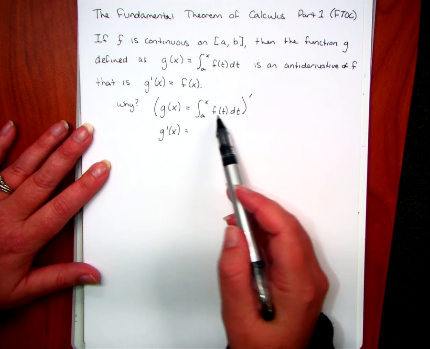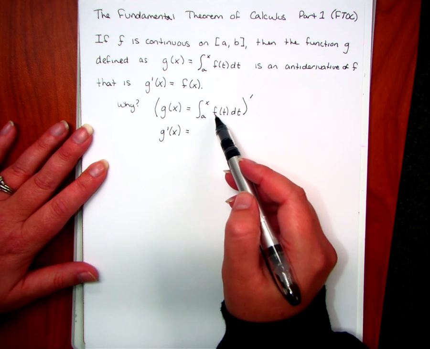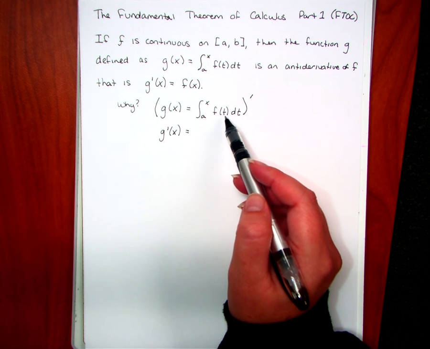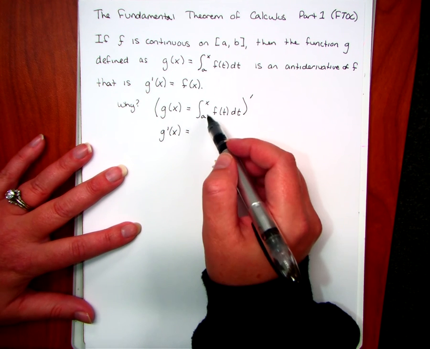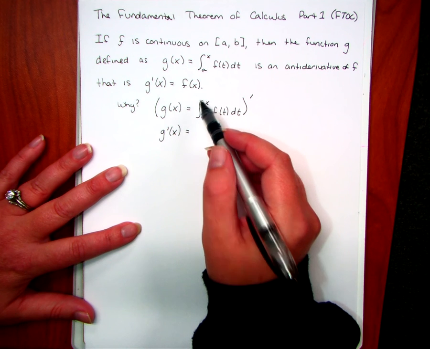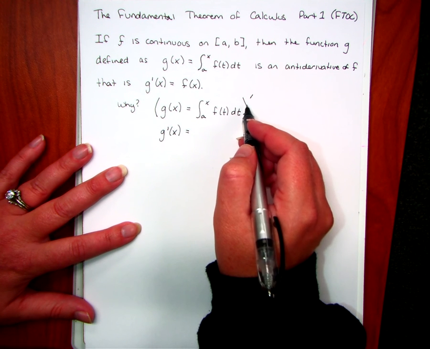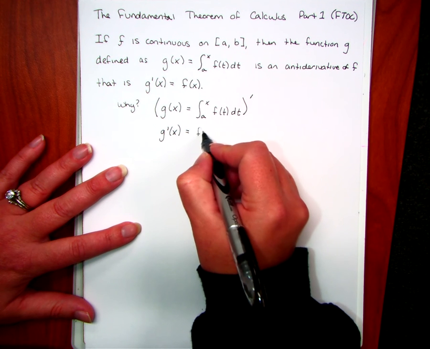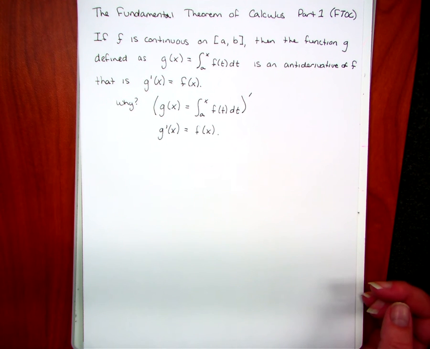And the derivative of an integral is the function, right? Now, we're going to change f, okay? It's not going to be f of t, it's going to be f of x, because this integral is really with respect to x here. So what I really just need you to know is that the derivative cancels out the integral. And we're going to get f of x, right? So let's just look.